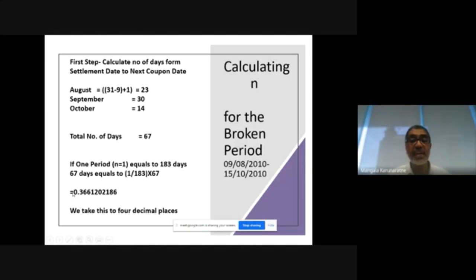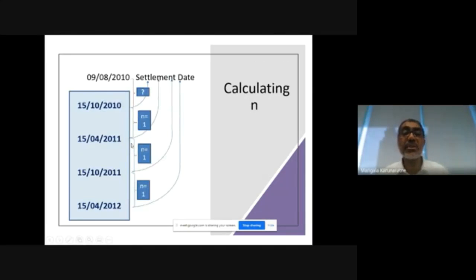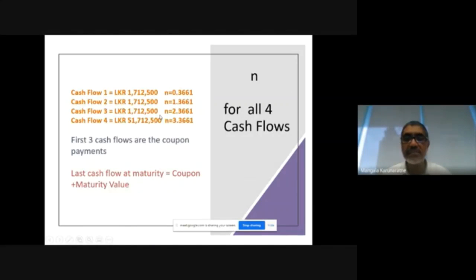It gives us 0.36612186, but we take 4 decimal places for our calculation, so 0.3661. So this question mark period is not 1; it is less than 1.